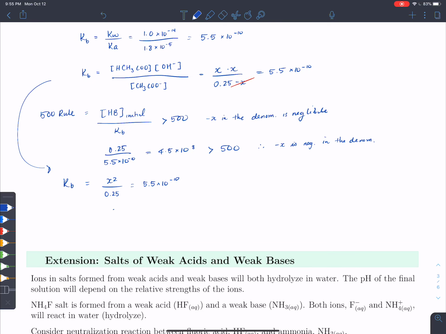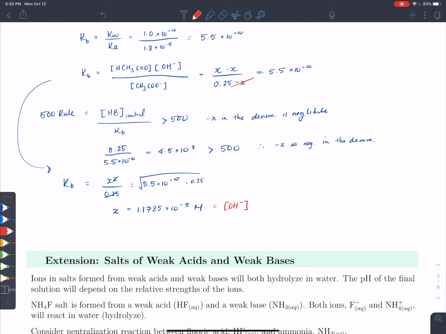When we try to solve for x, we end up with 1.1785 times 10 to the power of negative 5 in molarity. And we know that this is also equal to the concentration of our hydroxide ions.